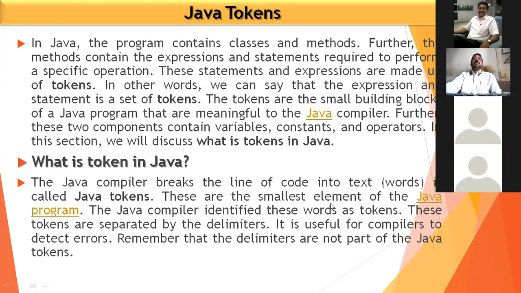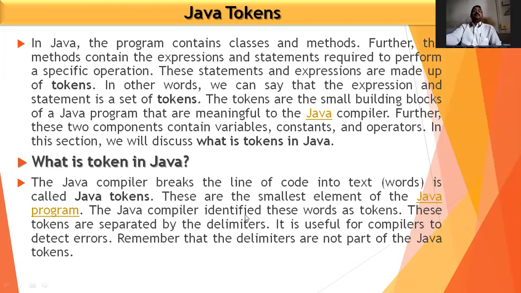These are the smallest elements of a Java program. The Java compiler identifies these words as tokens. These tokens are separated by delimiters. It is useful for compilers to detect errors. Remember that the delimiters are not part of the Java tokens.